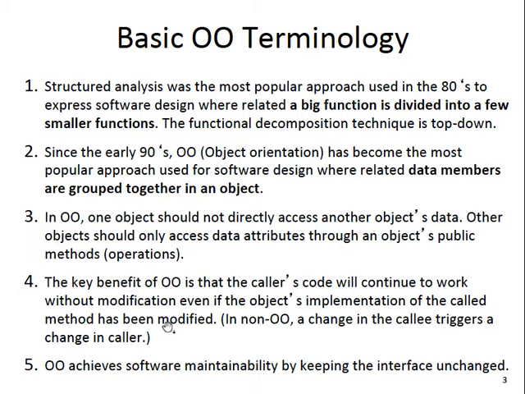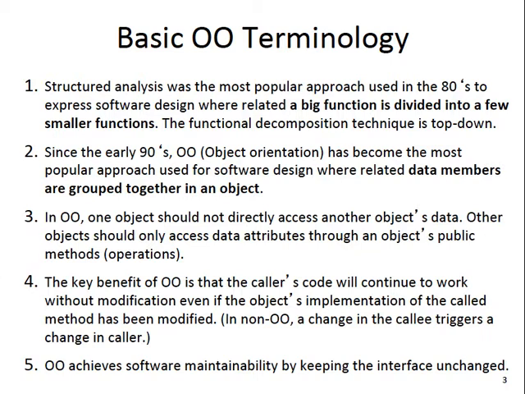And the benefit is, when you have one program calling another program, one object calling another object, as long as the interface of the operation does not change... What is an interface? An interface is the name of the operation and also the parameters and what it returns from the function.